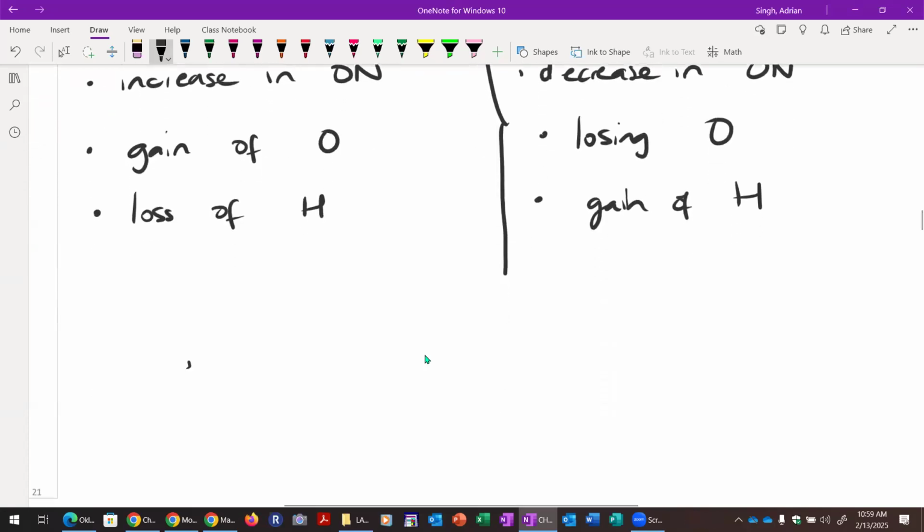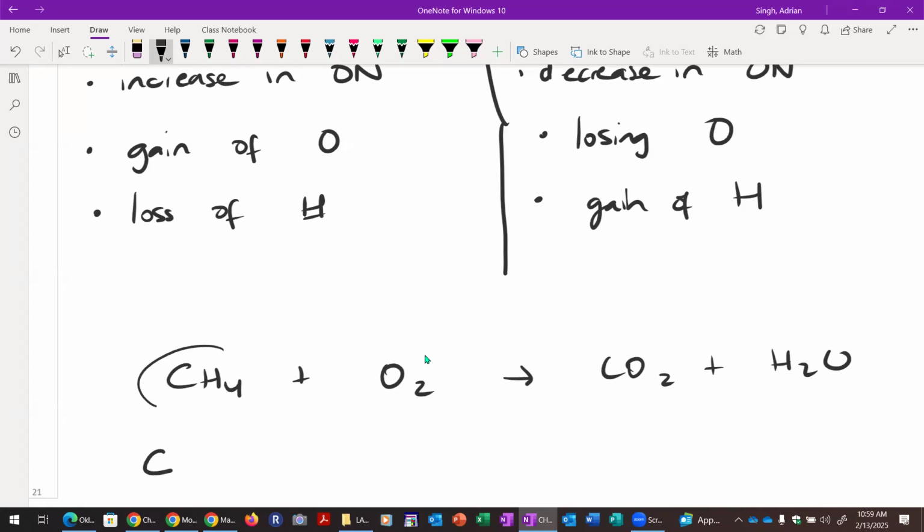So let's go back to the example that we had before, CH4 plus O2 to give CO2 and H2O. So if you think about what's happening here, right, carbon going from the left side to the right side, it is losing hydrogens.